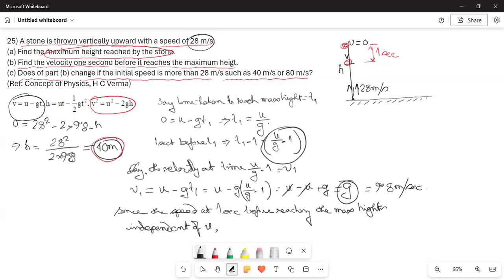So no change. That means if the initial velocity is not 28, whatever it is, the speed 1 second before reaching the maximum height will always remain g. So there is no change.